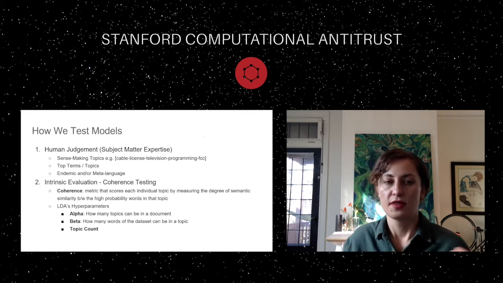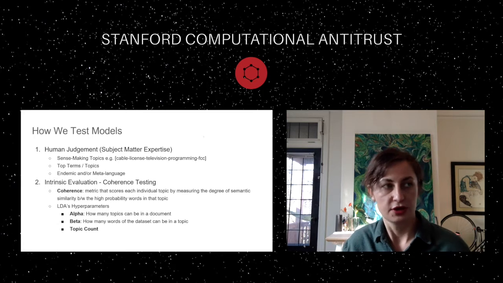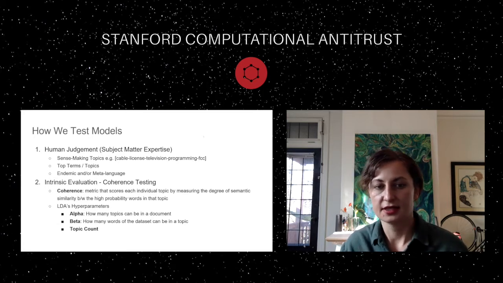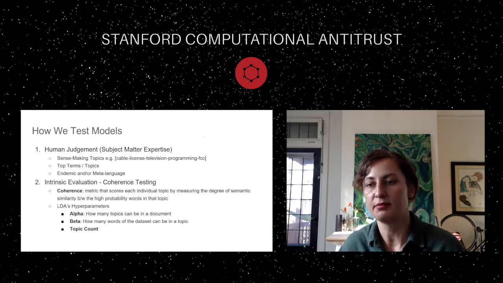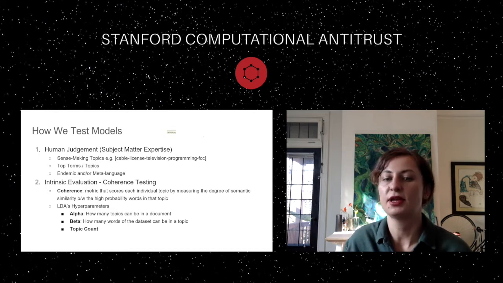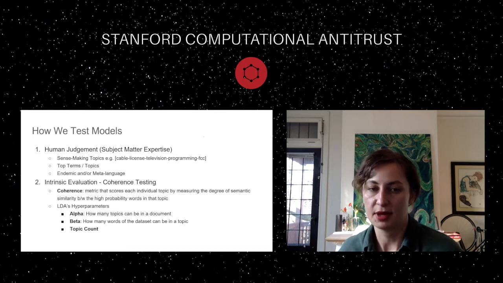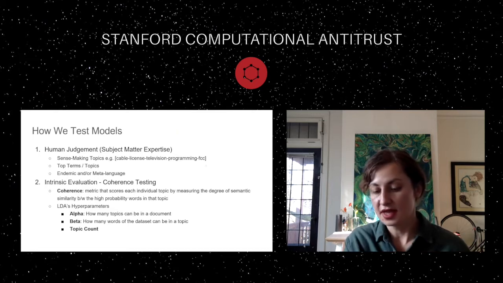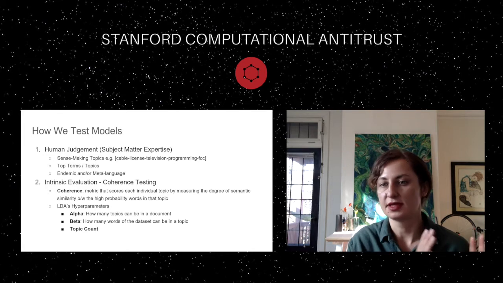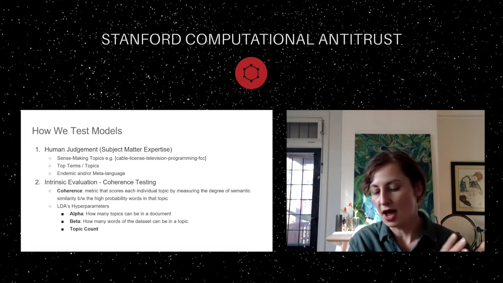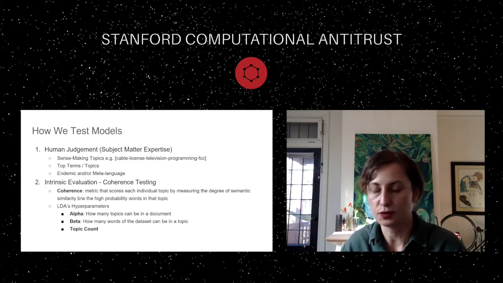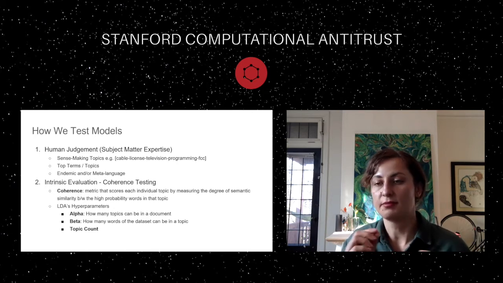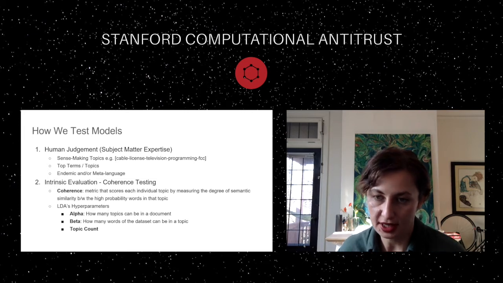The LDA algorithm that I mentioned earlier has two different hyperparameters that control how many topics can be in a document and how many words of that data set can be in a topic. So we can run this multiple times across the same data set and models at different topic counts, so 10 topics in a model or 15 or 20, and decide what are the best hyperparameters to get the highest scoring coherence metric.